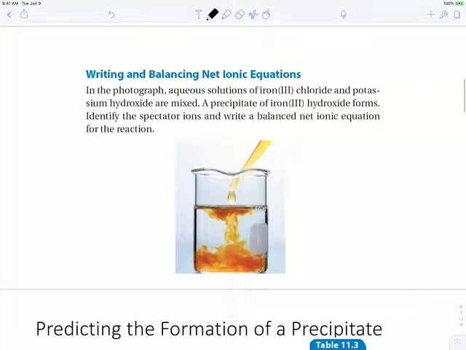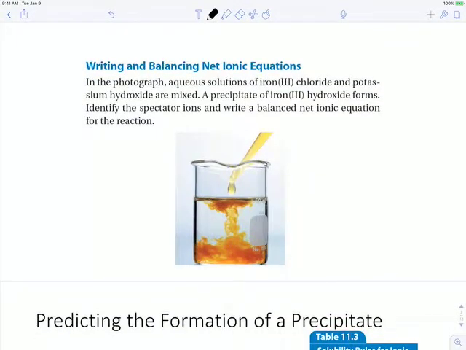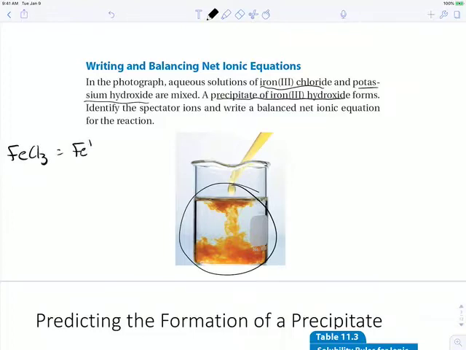So for this, here's what we know. In the photograph, we have iron 3 chloride and potassium hydroxide being mixed. So that's what's in this container right here. A precipitate, so we're told what our precipitate is, of iron 3 hydroxide forms. So if we take iron 3 chloride, that's FeCl3, our ions are iron 3 and chloride.